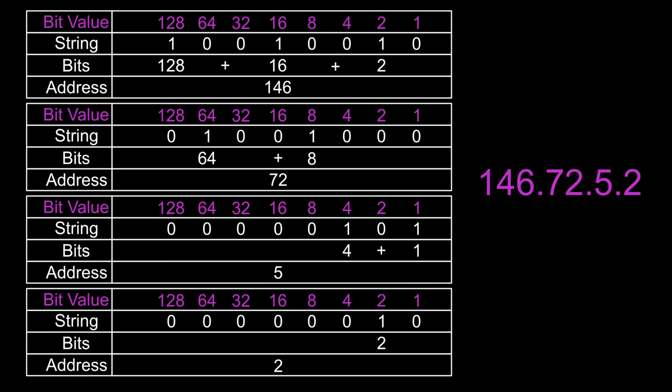This is actually very straightforward, and it's only done for human readability, right? Computers will always think of it in that 32-bit string. The reason I wanted to show this to you is because now we're going to get into subnetting.